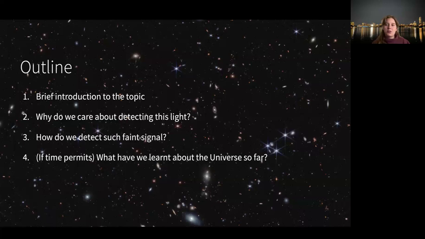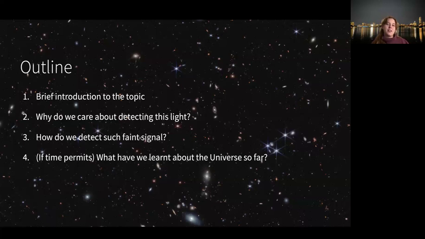I also want to motivate why we generally care about detecting the light from these quasars. And one of the points I'm going to try to make is that this light is really, really faint. And so the part that's going to be of most interest to this audience perhaps is how do we detect such a faint signal?